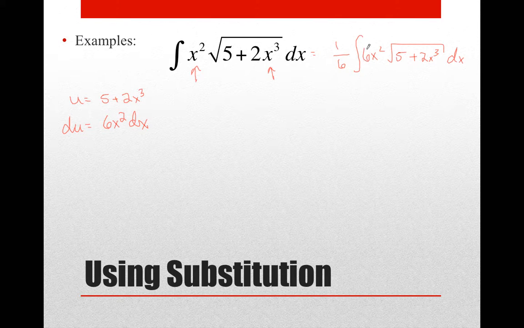I just compensated for the 6 that I need here. So I get 1/6 of the integral of the root of 5 plus 2x cubed. I'm going to change that to the square root of u, and then 6x squared dx is du.